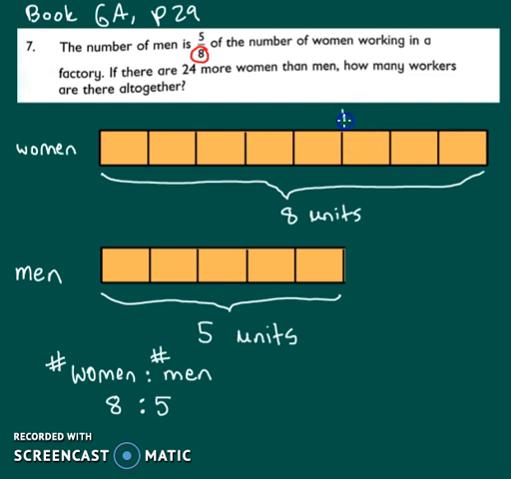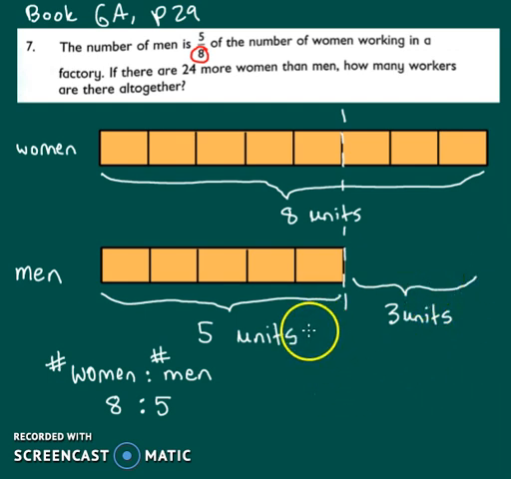So if we cut it off right here, we can see that there are 3 units here that women have that men don't. So 3 units more of women than men.